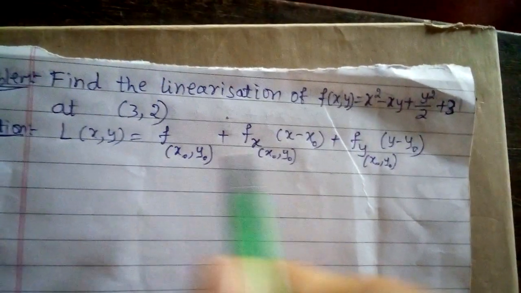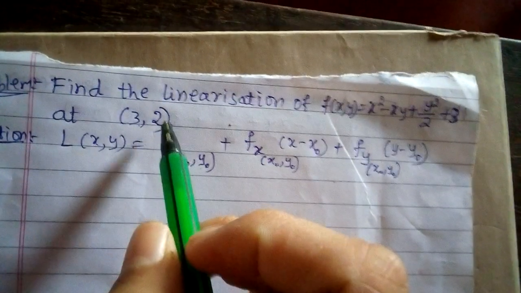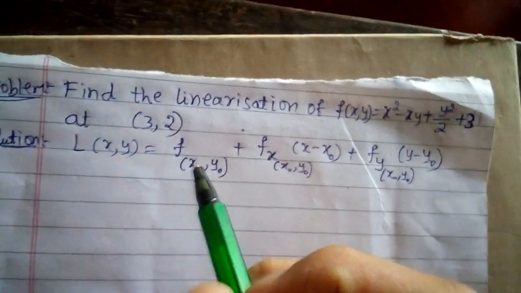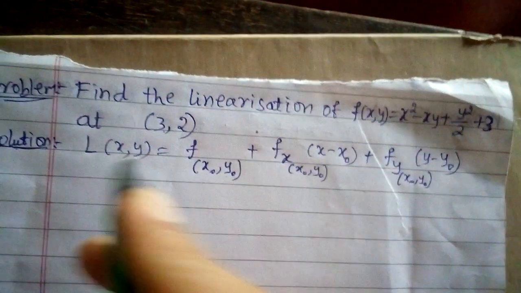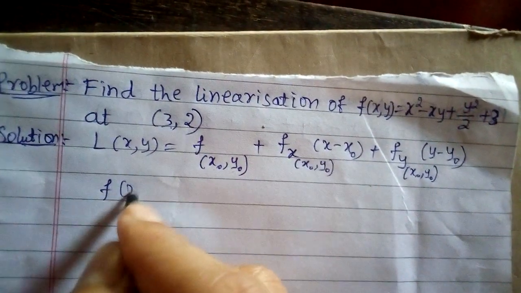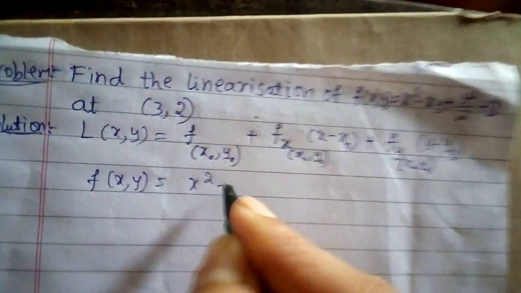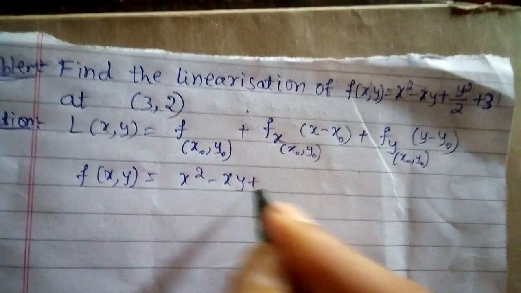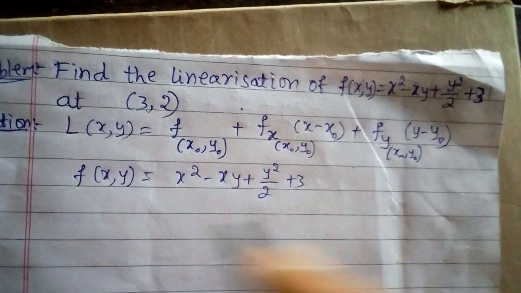Here (x₀,y₀) means the given point (3,2). x₀ is equal to 3 and y₀ is equal to 2. Now first we find function f at (x₀,y₀). They gave that f(x,y) = x² − xy + y²/2 + 3.